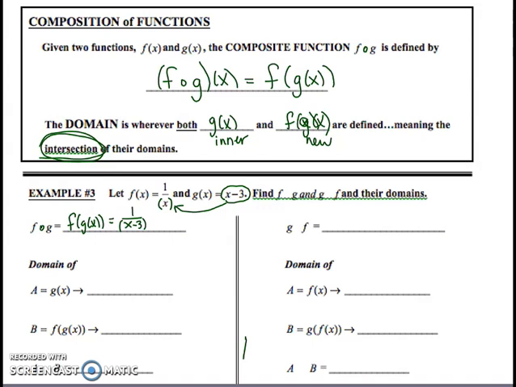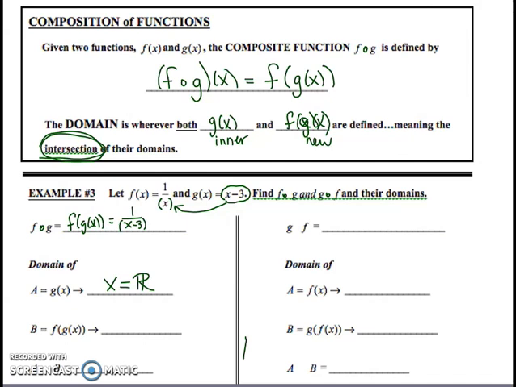The domain of g of x, which was just x minus 3, that's going to be all reals. Oops, I'm sorry. Brain's working faster than the pen here. And the domain of f of x, which is 1 over x, is going to be that x cannot equal 0, right?